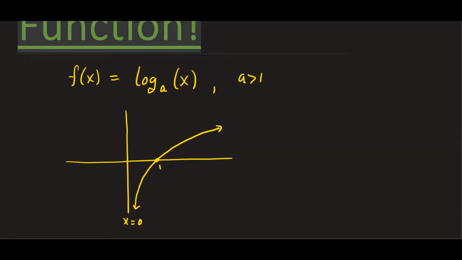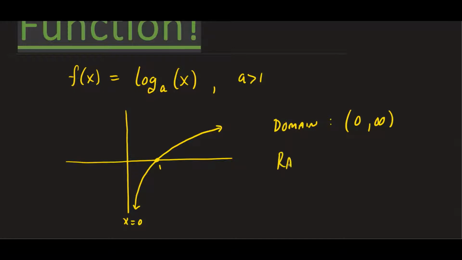From the graph, we know that the domain of this function is the set of all x such that x is greater than 0. So the domain will be 0 to infinity, open at 0 because 0 is the vertical asymptote. So x equals 0 is not defined for logarithms.